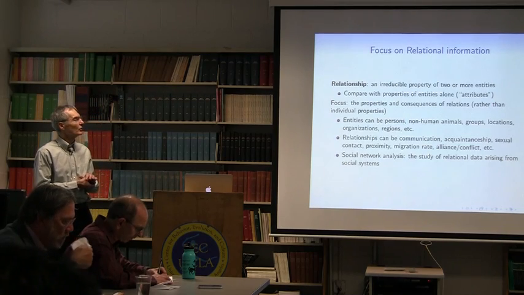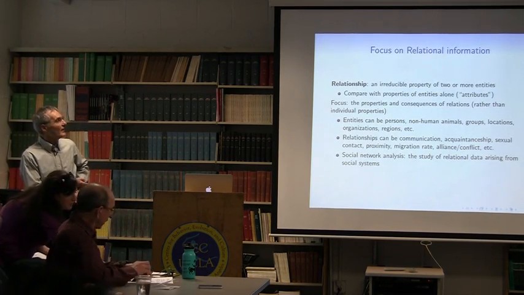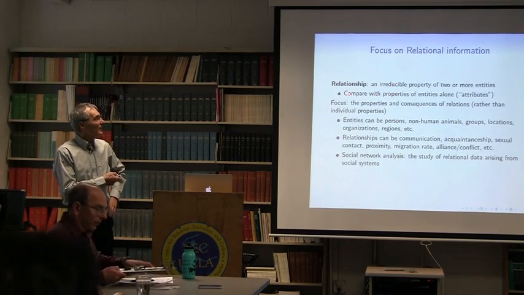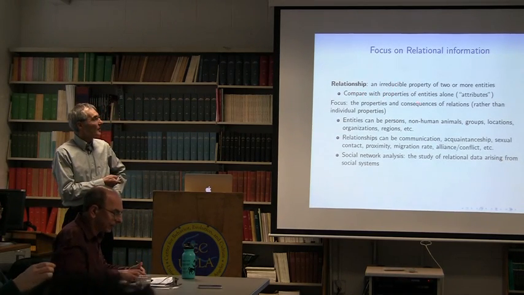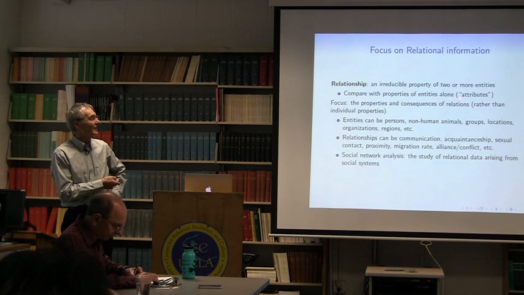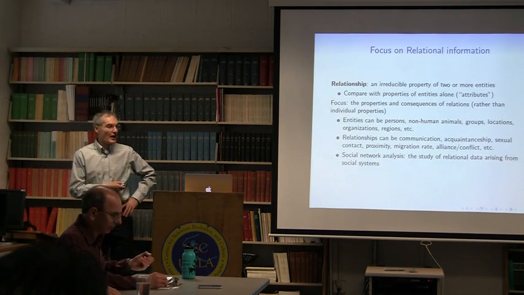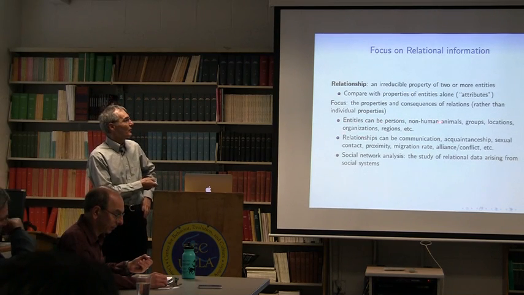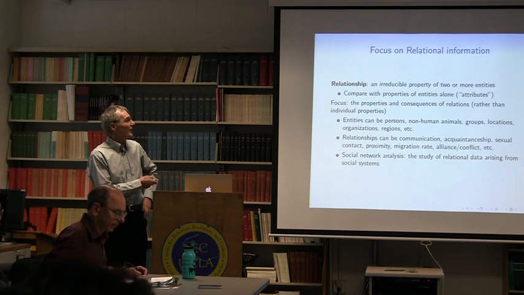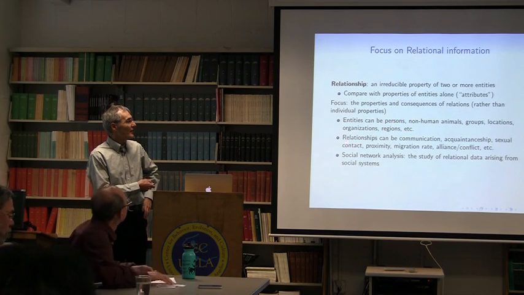All right, so the core idea here is that we'll be dealing with relationships, rather than looking at properties of individual entities alone, which we could refer to as attributes. So many examples here, the entities could be persons or other things like that.